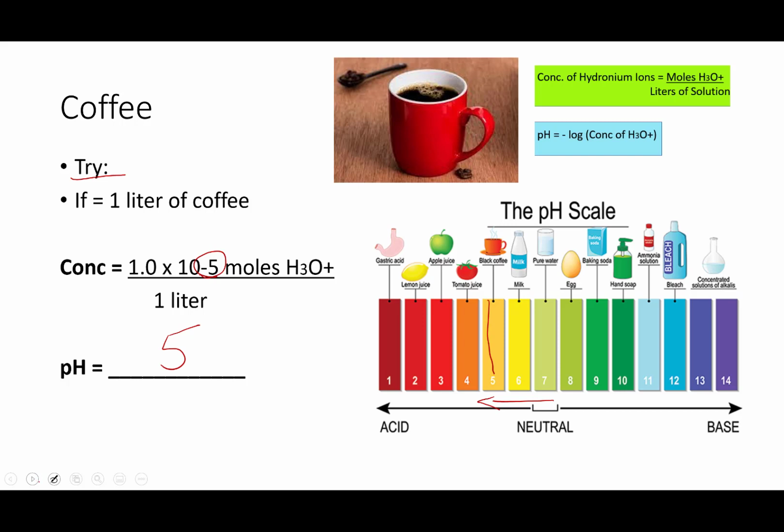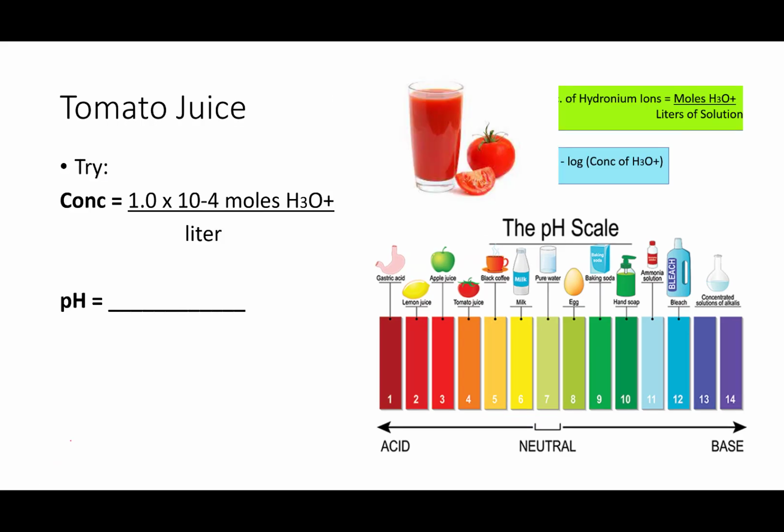Let's try another one. Tomato juice. All right, tomato juice. Tomato juice, 1 times 10 to the negative 4th. Change that from negative 4 to 4. That's the pH of tomato juice. So tomato juice is more acidic than black coffee, and more acidic than milk, and more acidic than water.